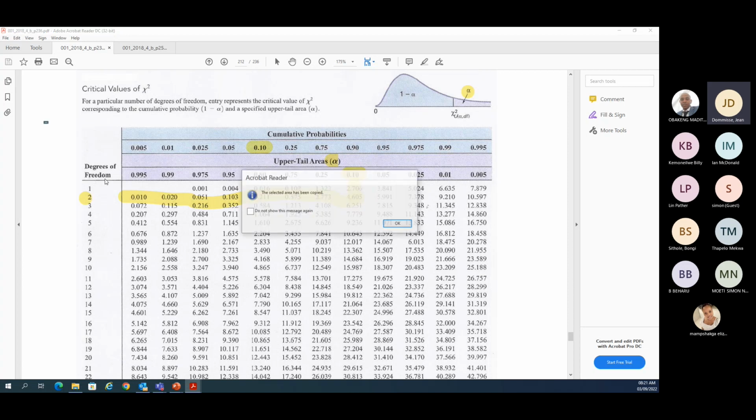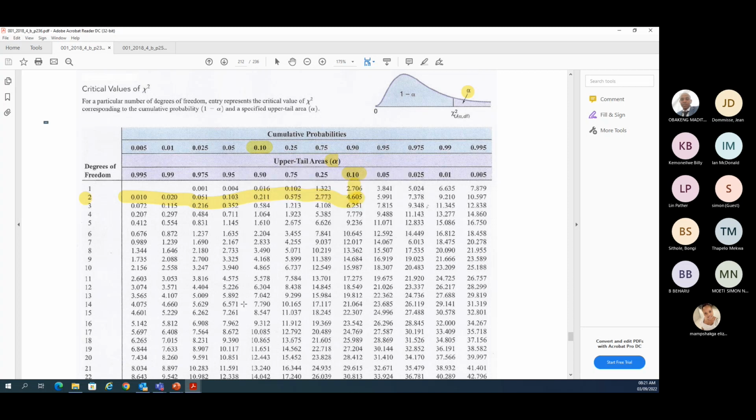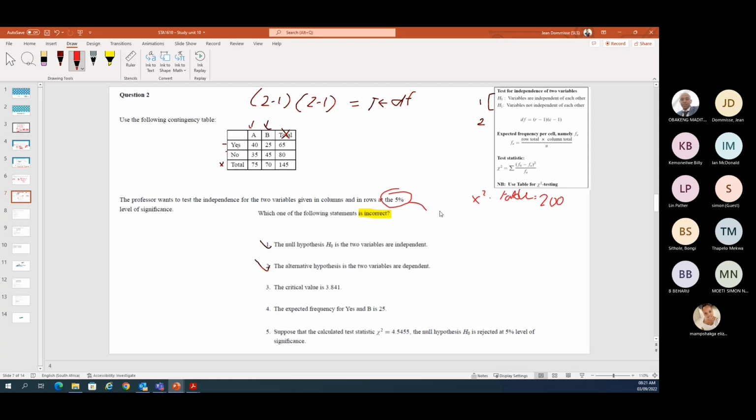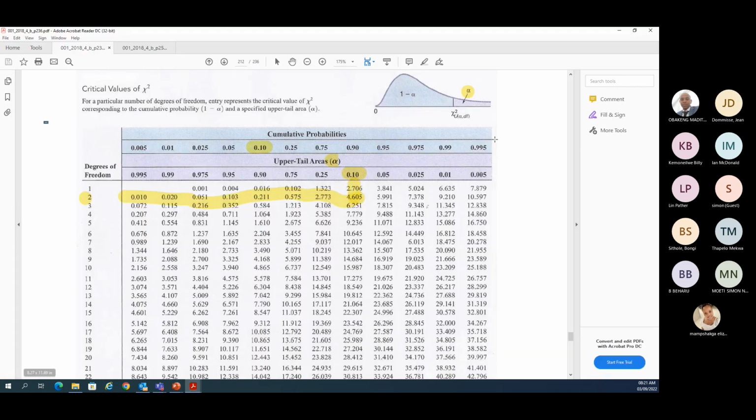Now we just need to remember what 5% is, it's 0.05. So we're looking at that area that we're testing. It's 5%, so 0.05.